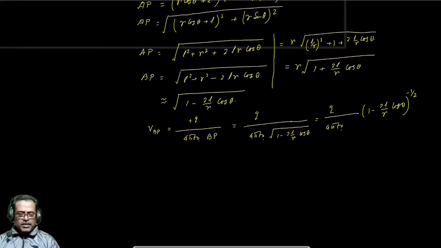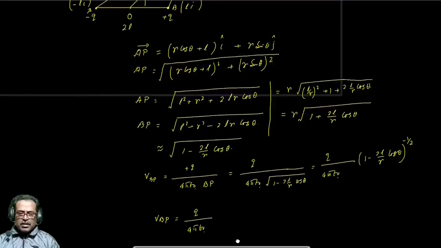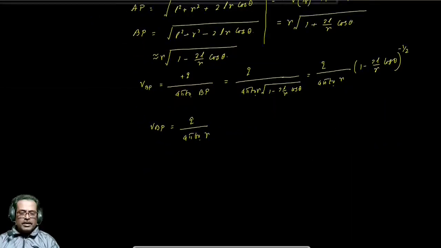By binomial expansion of this, we can write it as VBP is equal to Q by 4 pi epsilon 0 r into 1 plus L by r cos theta, and VAP is equal to minus Q by 4 pi epsilon 0 r into 1 minus L by r cos theta.